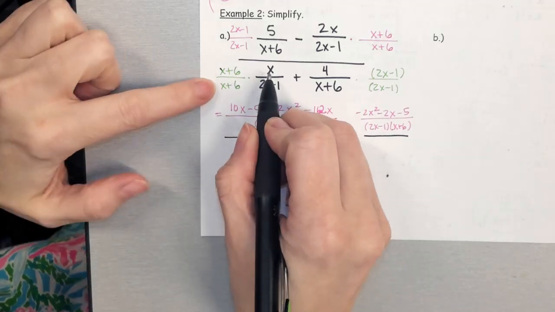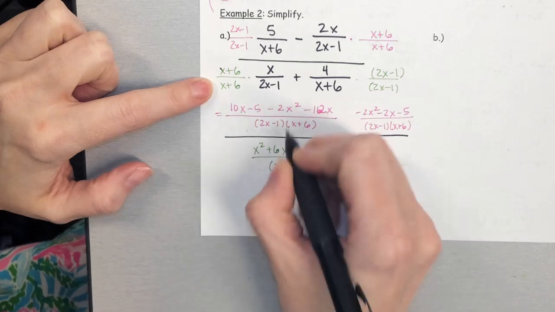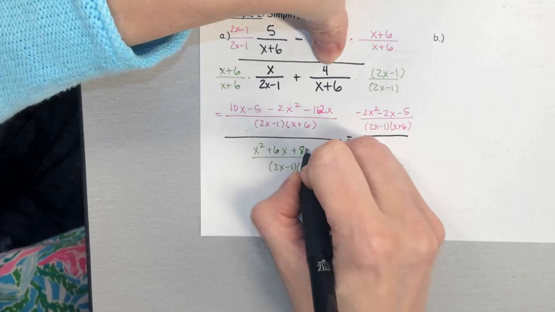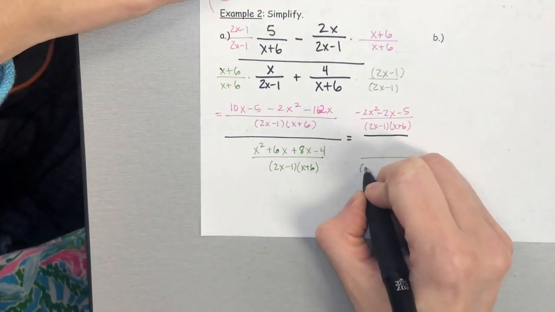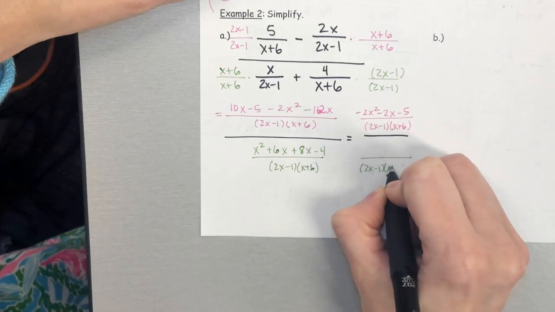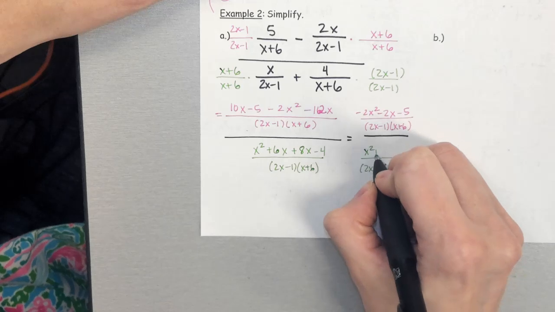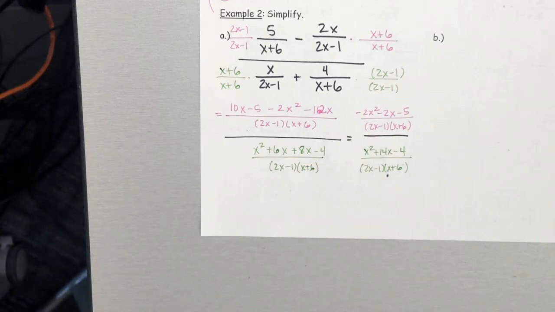All right, so we're going to distribute x times x is x squared, and then x times 6. I have a positive 4 here, so this is 8x minus 4. All right, and then we're going to write it in standard form.